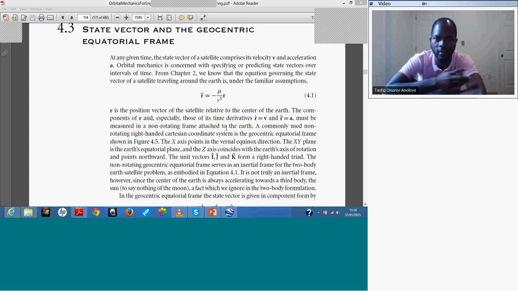They won't be absolute values. So if you had an inertial frame of reference, a geocentric inertial frame, then we can make such measurements relative to that frame of reference. A commonly used non-rotating right-handed Cartesian coordinate system is the geocentric equatorial frame shown in figure 4.5.